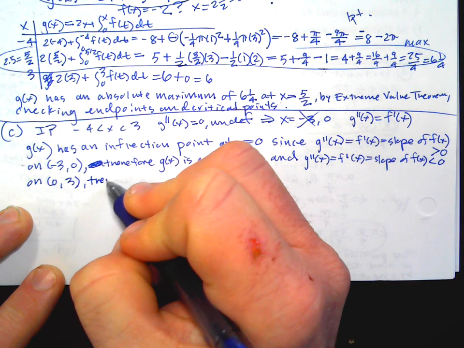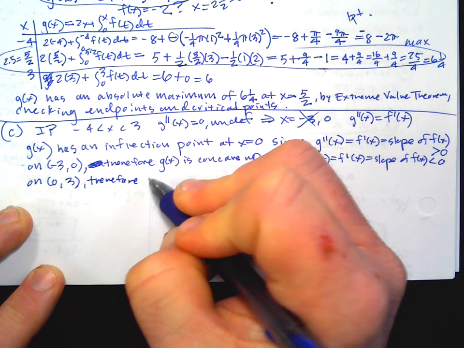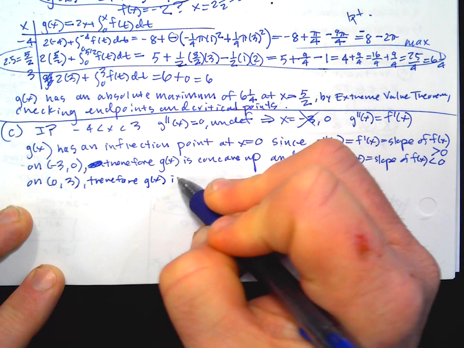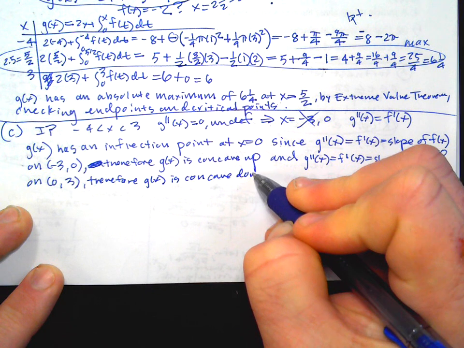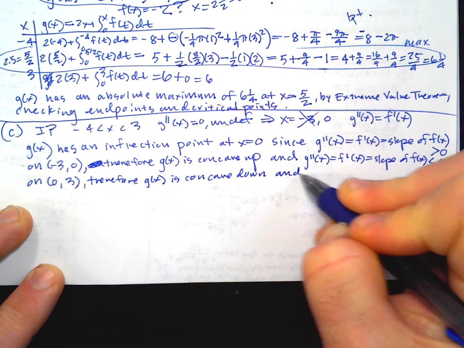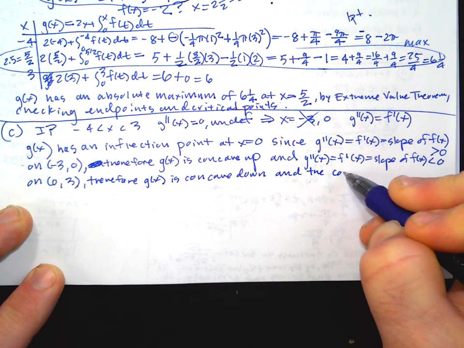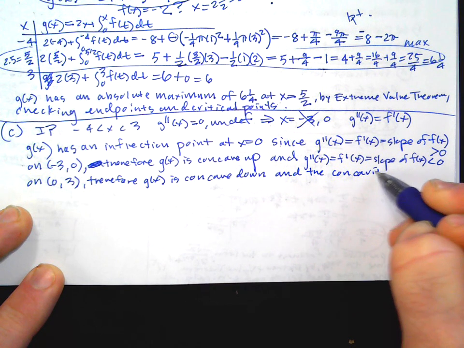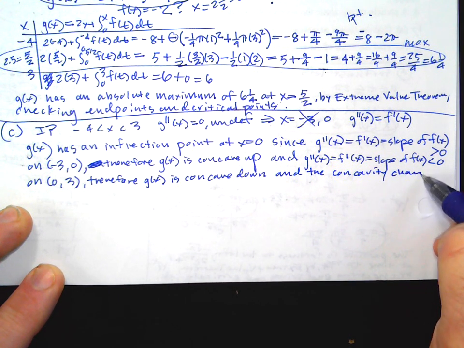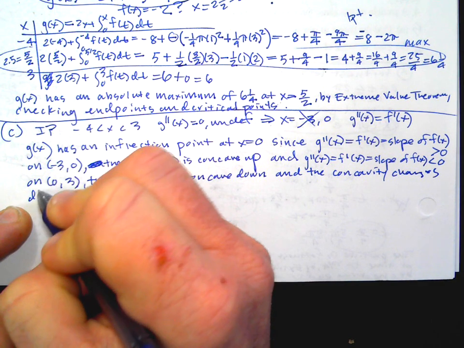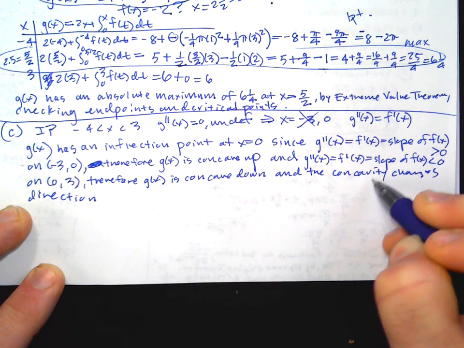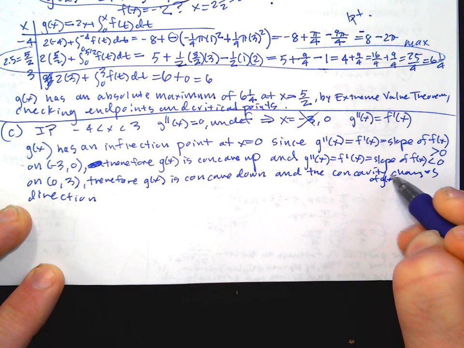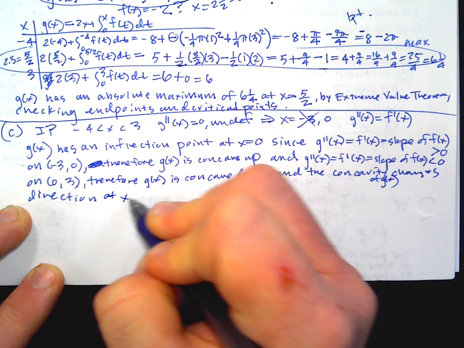Therefore, G is concave down, and the concavity changes direction. Concavity of g of x changes direction at x equals 0.